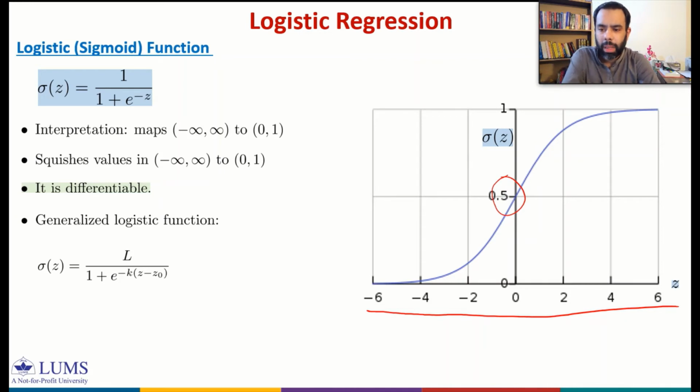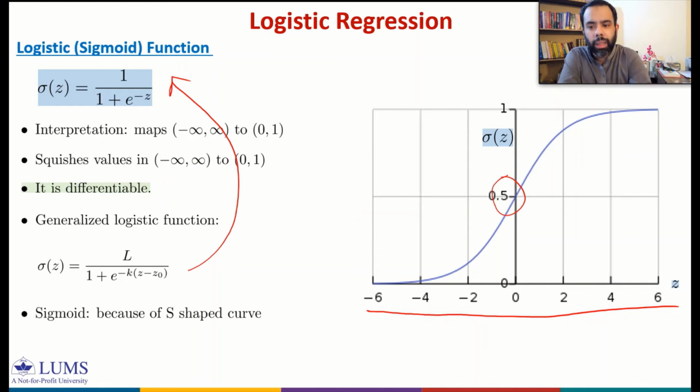When I substitute K equal to 1, z naught equal to 0, and L equal to 1, we recover the standard or simplified logistic function. We call this function the sigmoid function because of its S-shaped curve. If you see the plot of this curve, it is S-shaped, and therefore we refer to this logistic function as the sigmoid function.